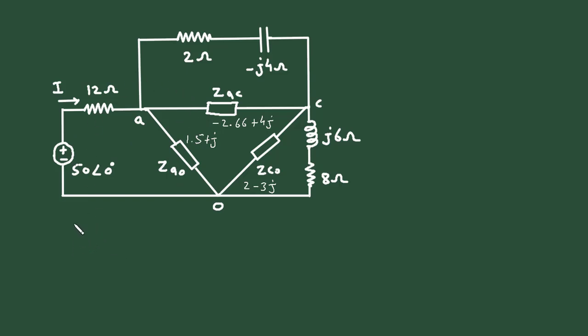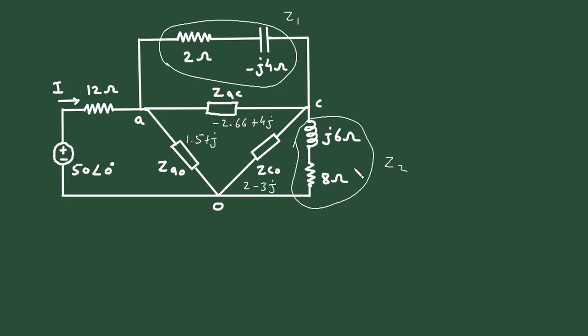So let's assume this as Z1, this is Z2 and this is Z3. Now we can easily simplify this.